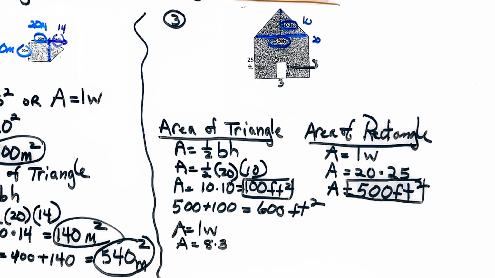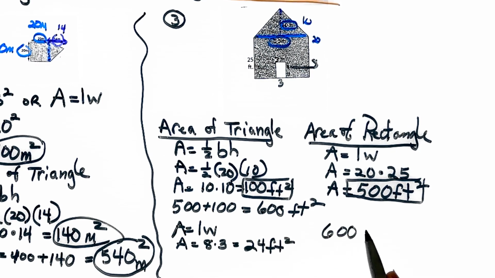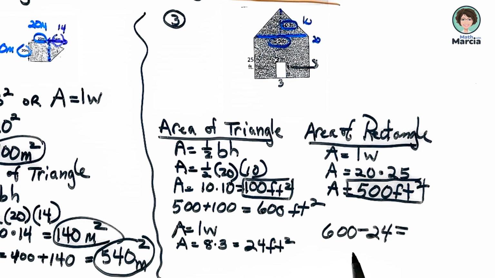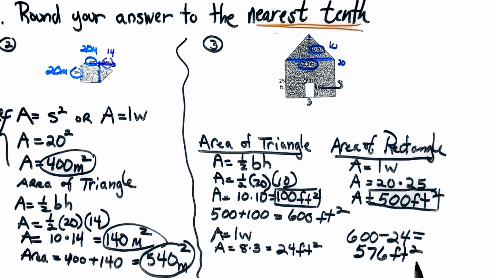So the door area actually is 24 feet squared. And remember, we don't want the door space, so it's going to be 600 minus that 24 to find out the total shaded space, and that is 576 feet squared.